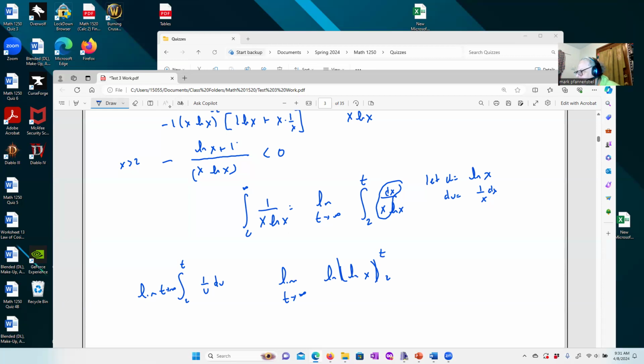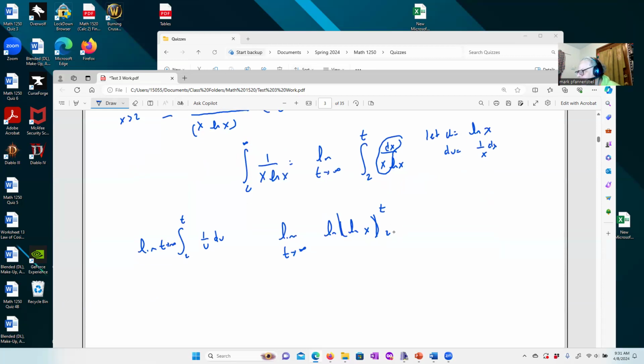As t goes off to infinity, the natural log of the natural log of t diverges because it goes off to infinity. So this diverges, minus the natural log of 2, but who cares, because we already know it diverges.